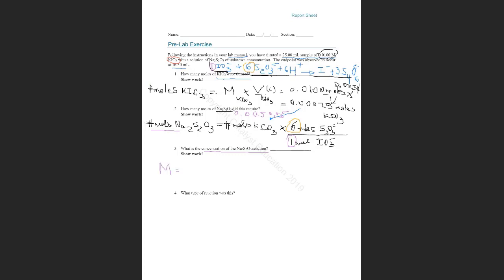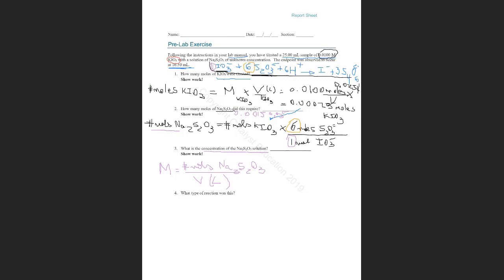What is going to be the number of moles of sodium thiosulfate divided by the volume in liters? So now, what is the volume in liters? Let's read again. The endpoint was observed to occur at 16.50 milliliters.